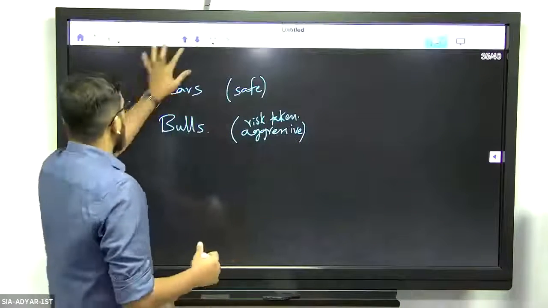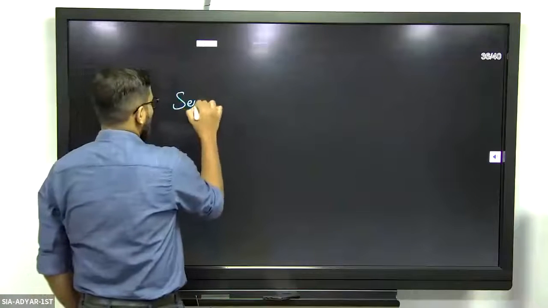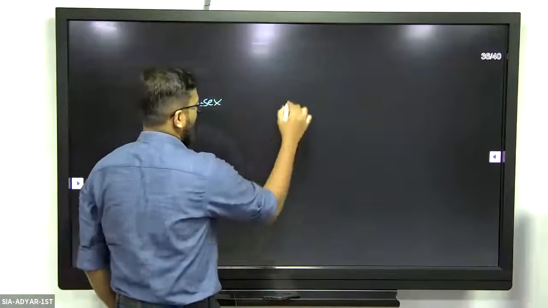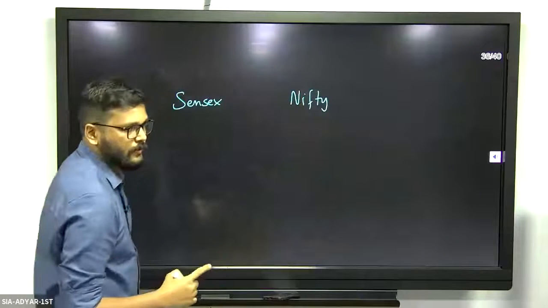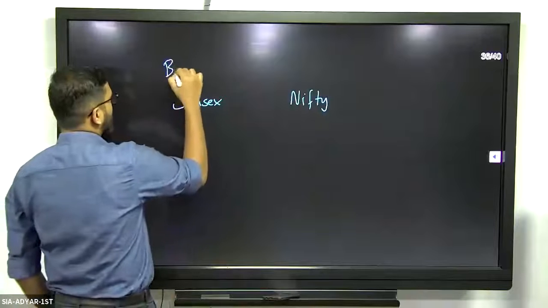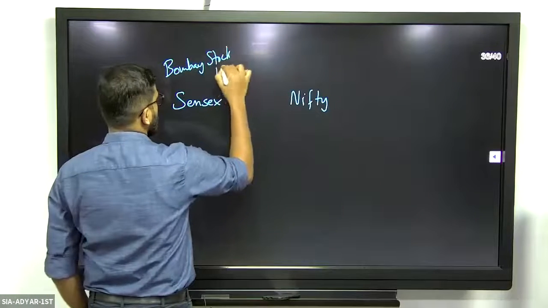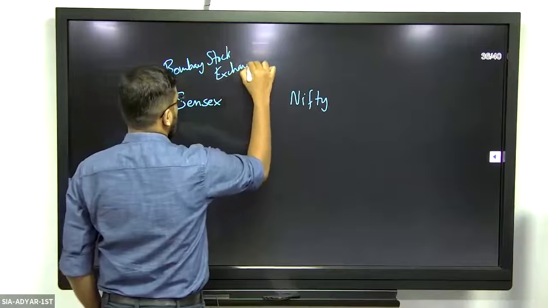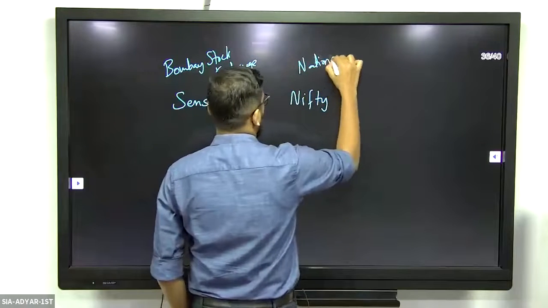Okay, now coming to the important question of what is this concept of Sensex and Nifty, which we come across in the news. There is something called the Bombay Stock Exchange and the National Stock Exchange.